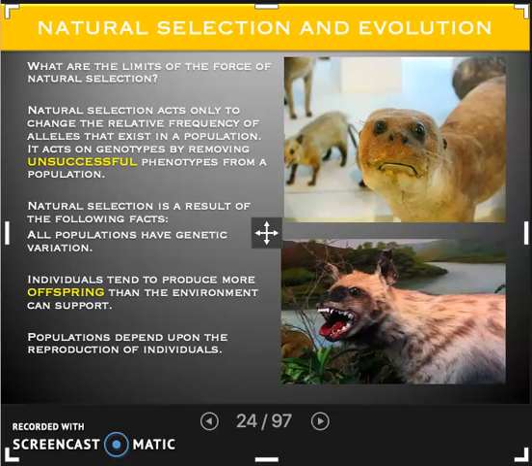Well, natural selection is a driving force in evolution. Remember, mutation is the source of variation, and selection is the driving force that tells us which traits are going to be successful and which traits are going to be unsuccessful. Of course, the thing about this is that you have to express these genes in order for them to be selected against. Now, these are photos of, I don't even know what they are.